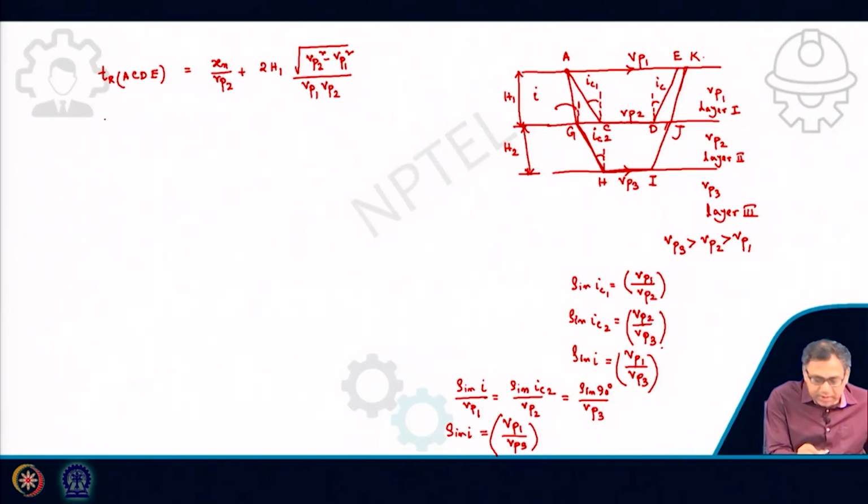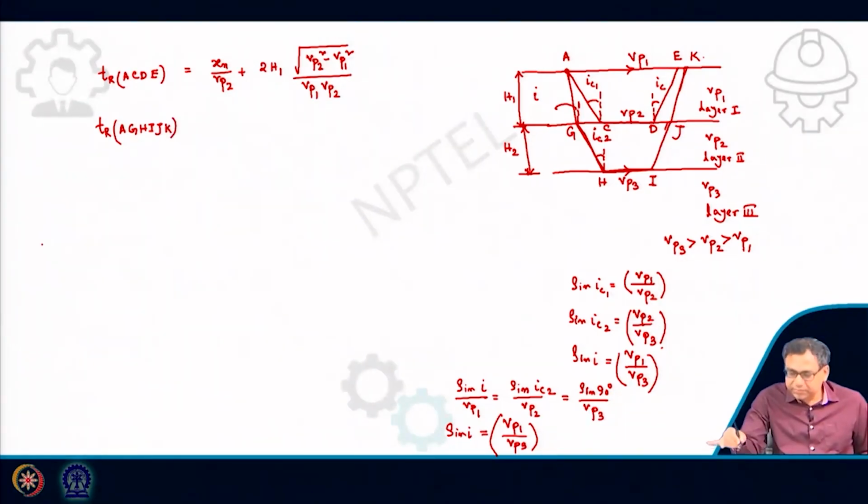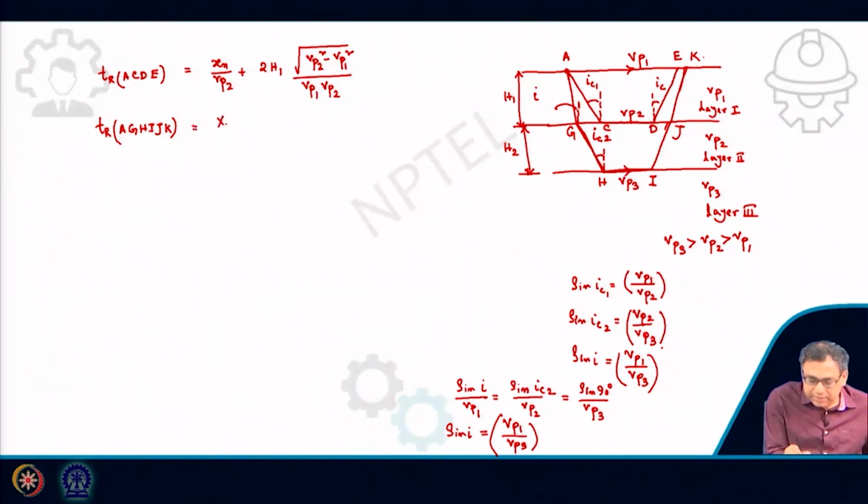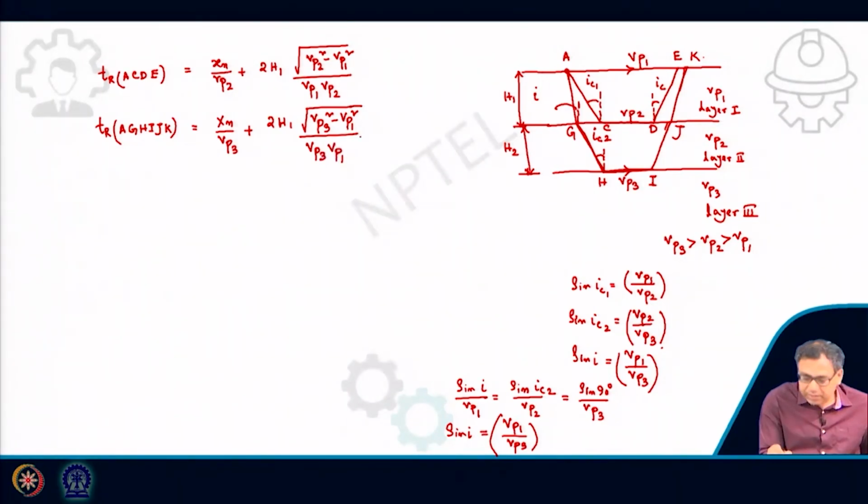Now, in a similar way I can derive for the refracted ray traveling through this path, A, G, H, I, J, K. That will be equal to Xn divided by VP3 plus 2h1 root over VP3 square minus VP1 square divided by VP3 into VP1, plus 2h2 root over VP3 square minus VP2 square divided by VP3 VP2.